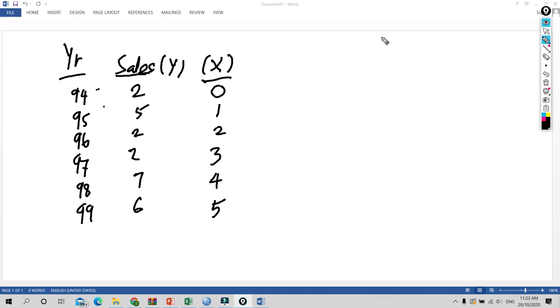Okay. The formula for your trend line y is equal to b0 plus b1 x. This is your trend line. In other words, t sub i is equal to b0 plus b1 x sub i.